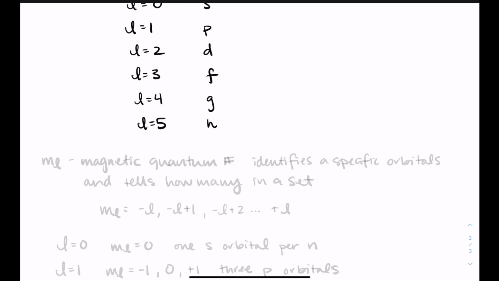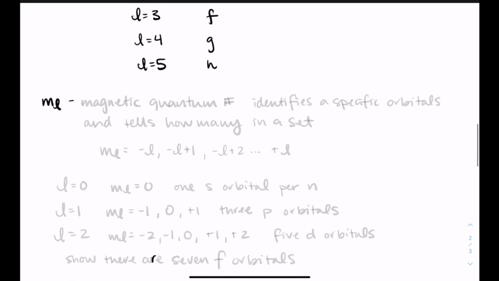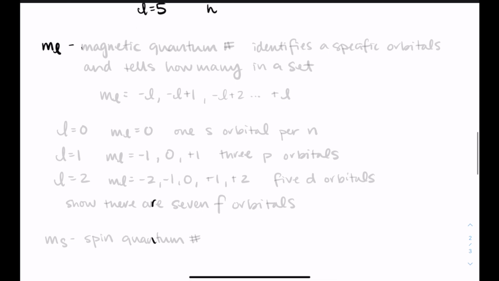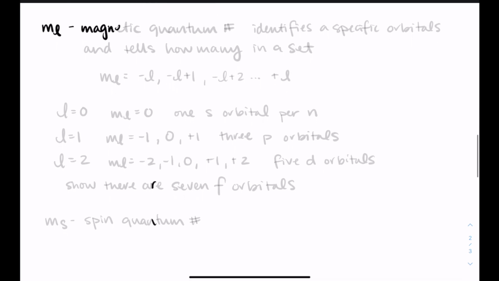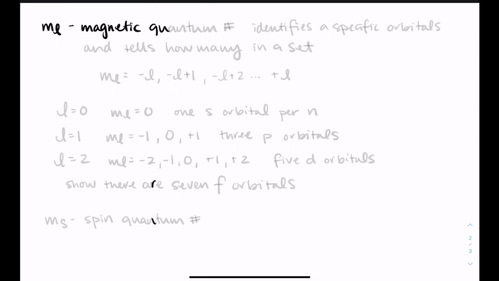The third quantum number is the magnetic quantum number. This identifies specific orbitals and tells us how many are in a set. So this range is from minus L to plus L, and it goes up by 1 in between those two. As an example, when L is 0, from negative 0 to positive 0, m sub L is only 0.